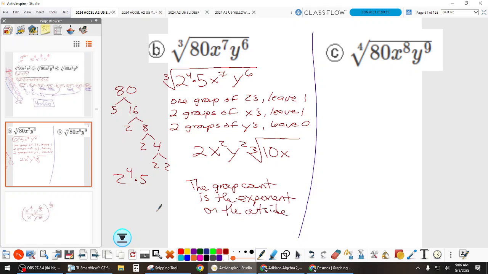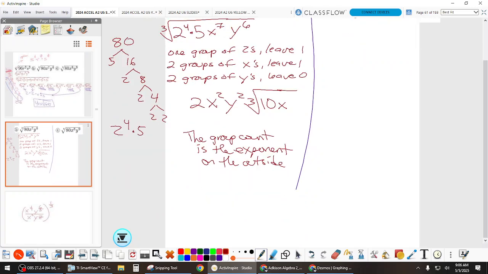Now, you could think of it this way. Everybody listen and look. We could rewrite this as 2 to the 4 thirds times 5 to the 1 third, x to the 7 thirds and y to the 6 thirds.